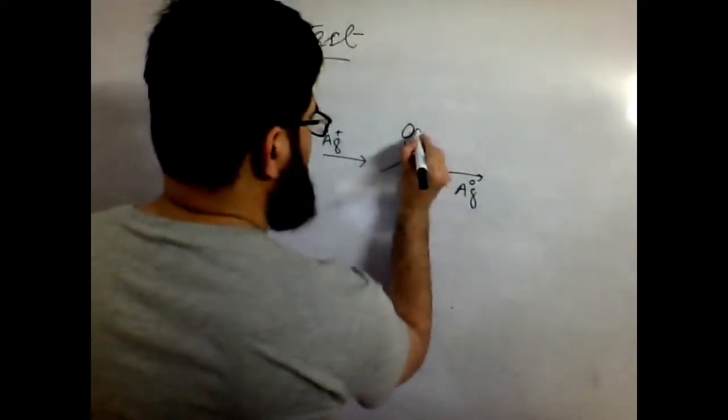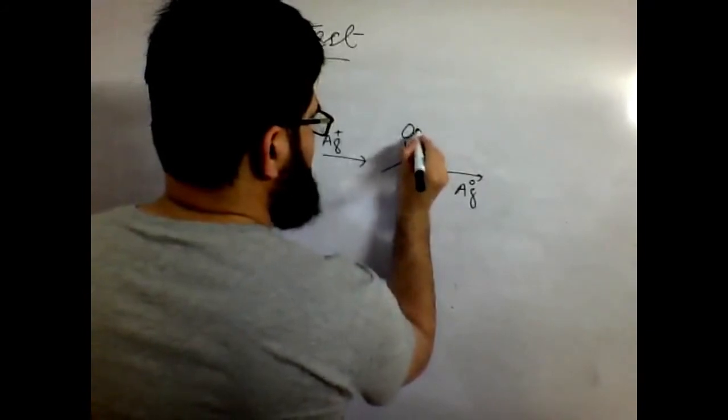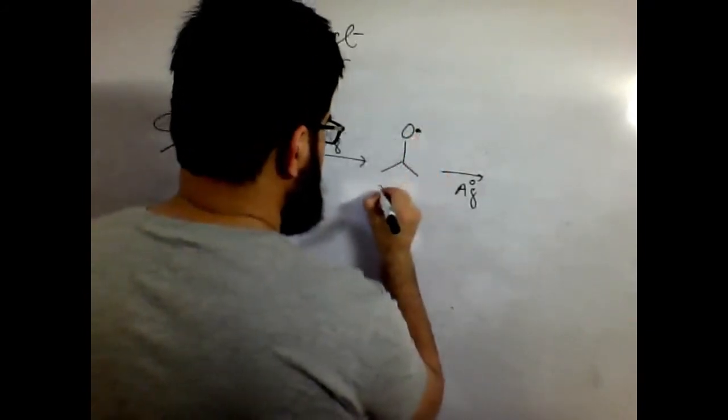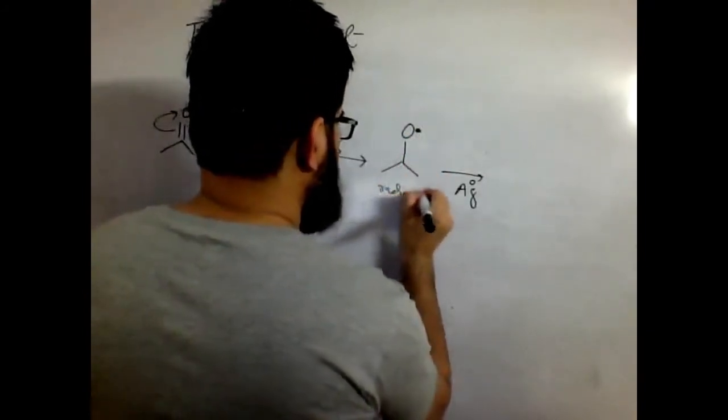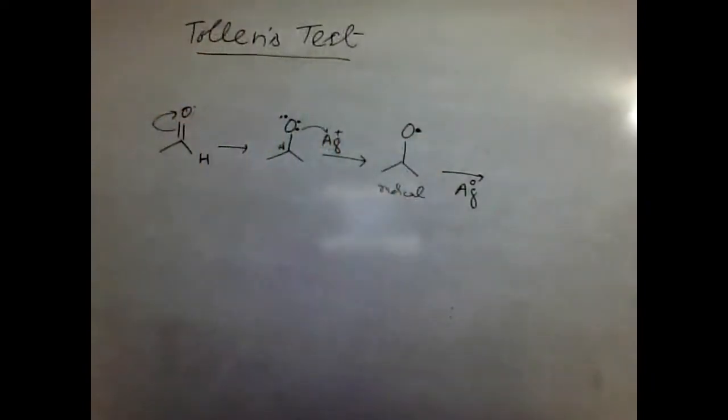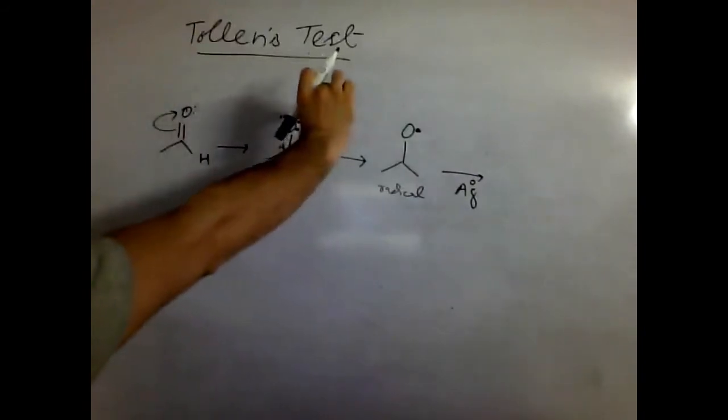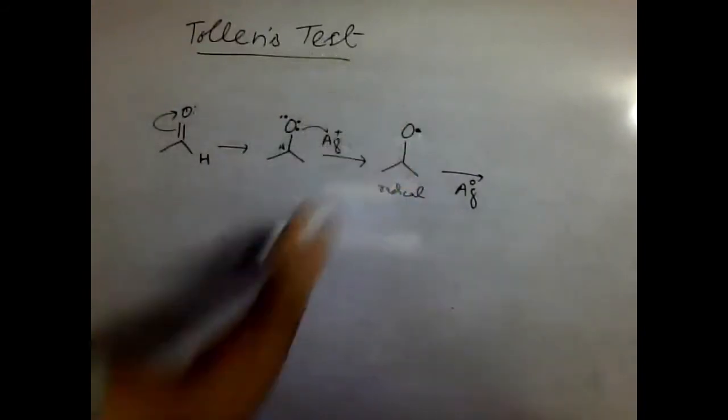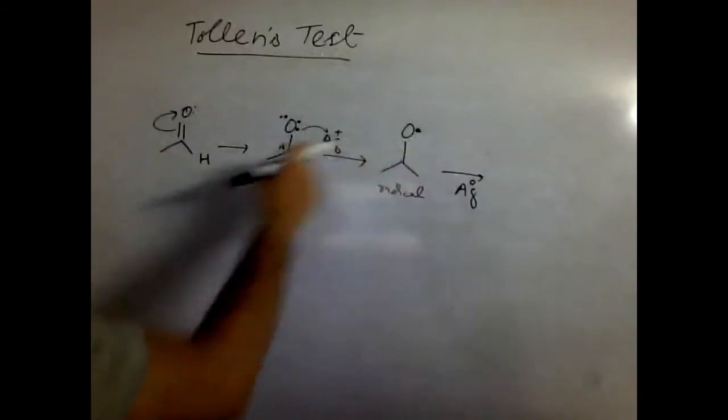So this will become a radical, because oxygen has lost one of its electrons. So it has become something with an electron deficiency at the moment. It will look like this over here.